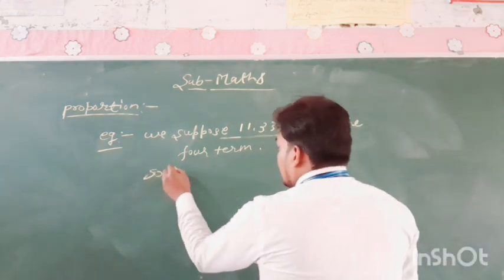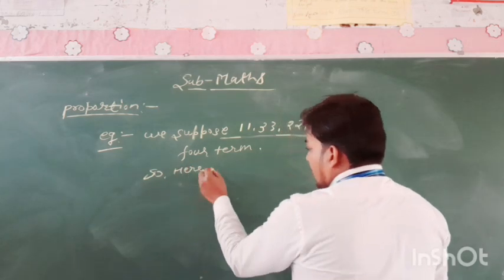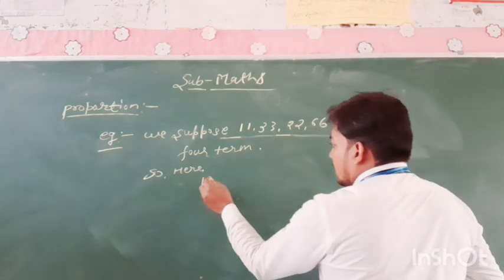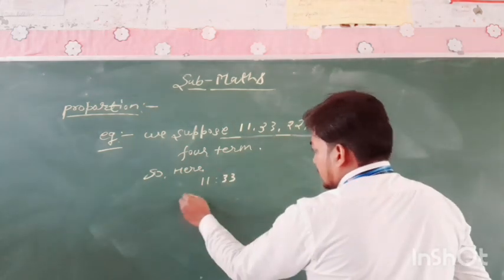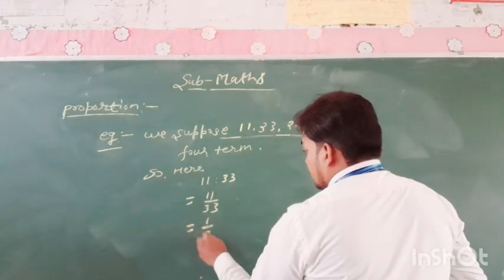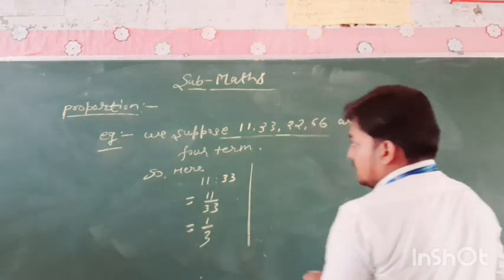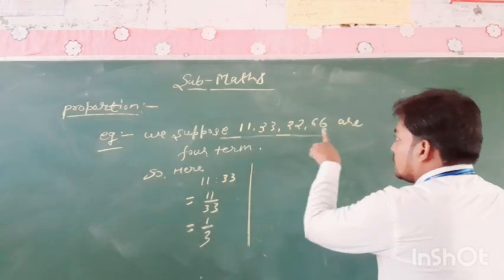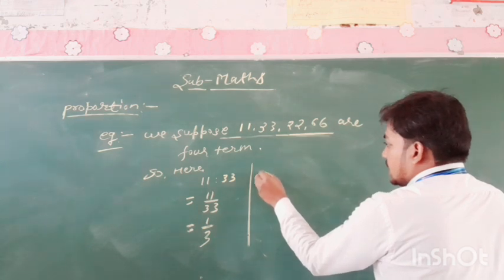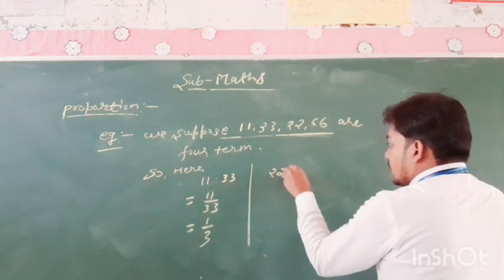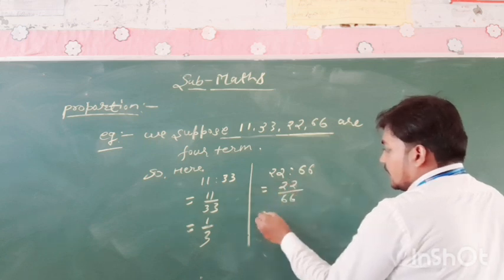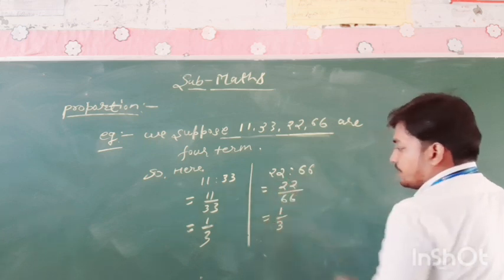So here, the ratio of the first 2 terms, which is 11 ratio 33, is equal to 11 upon 33, which is equal to 1 upon 3, and the ratio of the last 2 terms, which is 22 ratio 66, is equal to 22 upon 66, which is equal to 1 by 3.